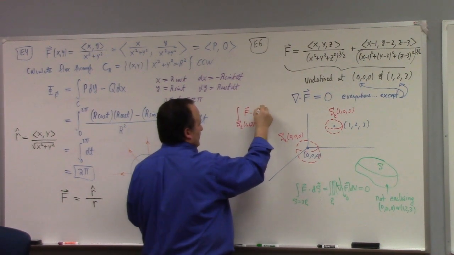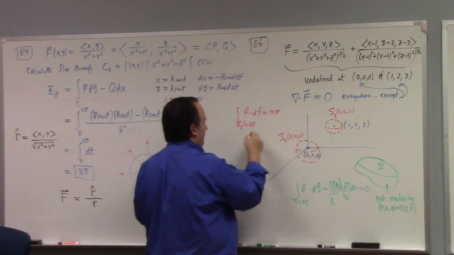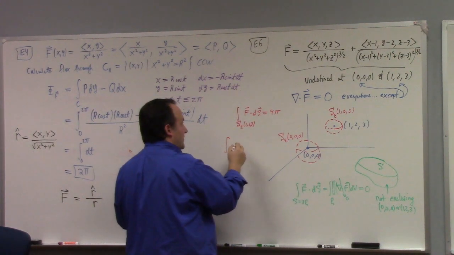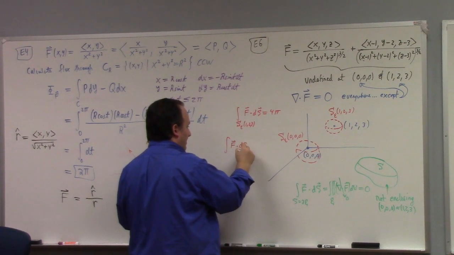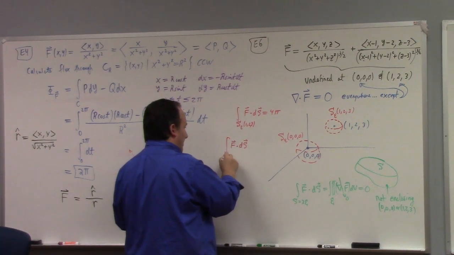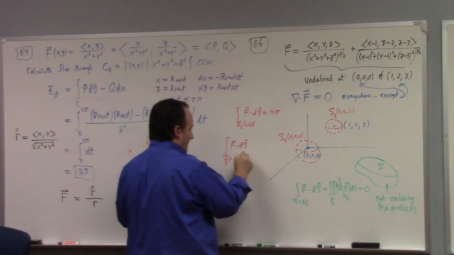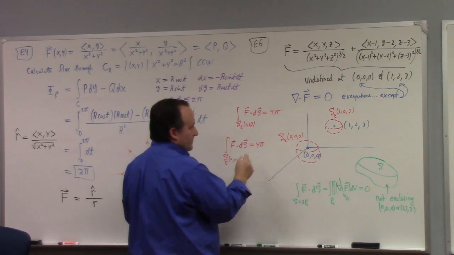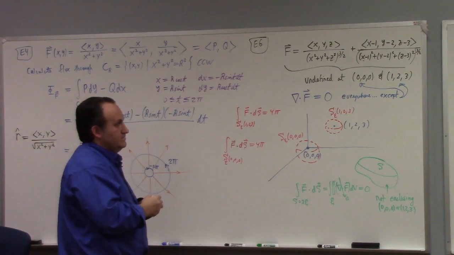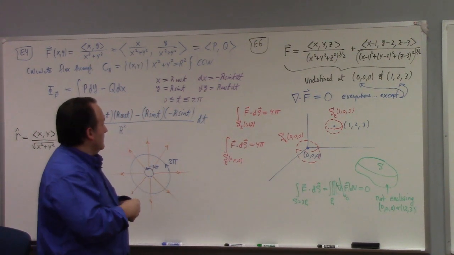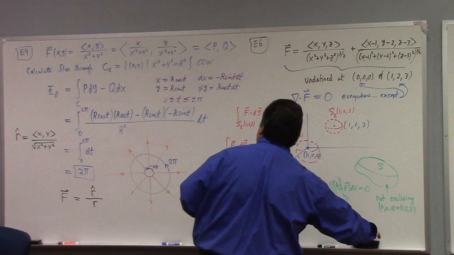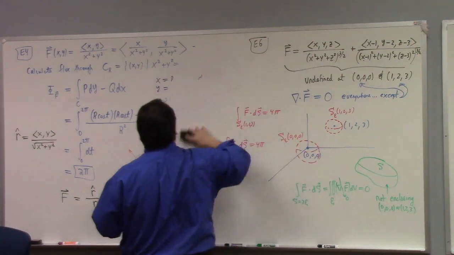Now you said 4 pi each. What about the other part of it? Let me make myself some room here.